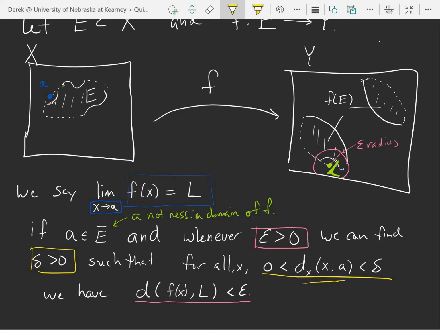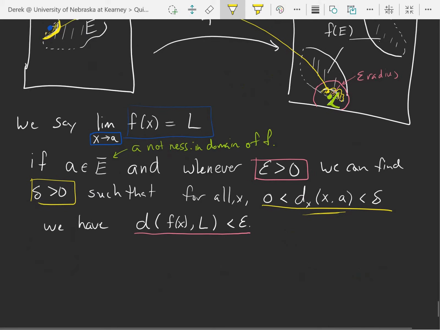So I need to find a yellow circle here. All these things here, when they map over inside of E, we don't know what shape they'll be, but we want the shape of all of those things to fit inside of the pink circle. So if I hit this yellow circle with the function, it sends it over to here inside the pink circle. And I want to be able to do that no matter how small I draw this pink circle. I want to find a smaller yellow circle that maps inside the pink circle.